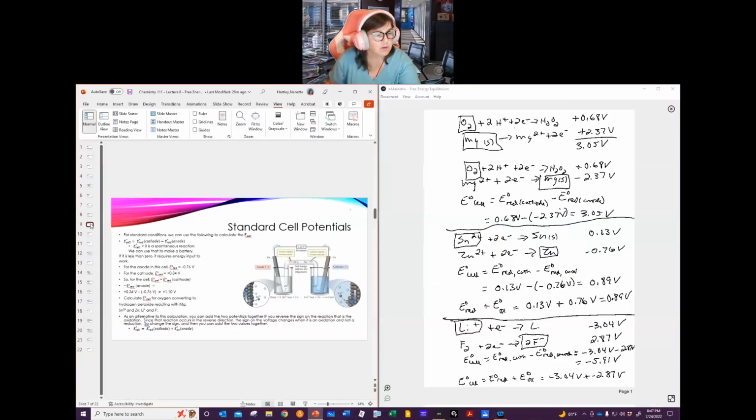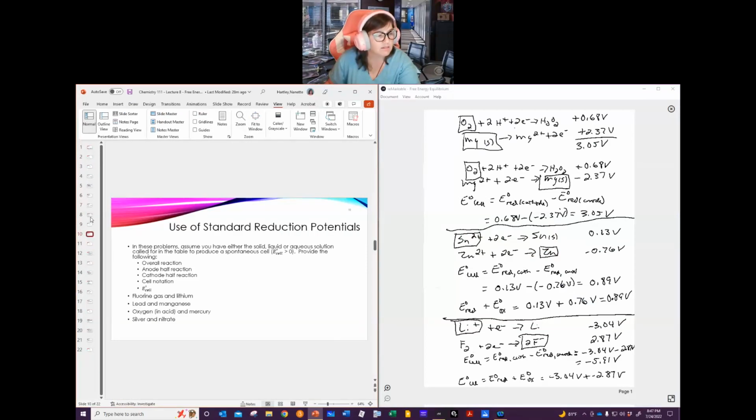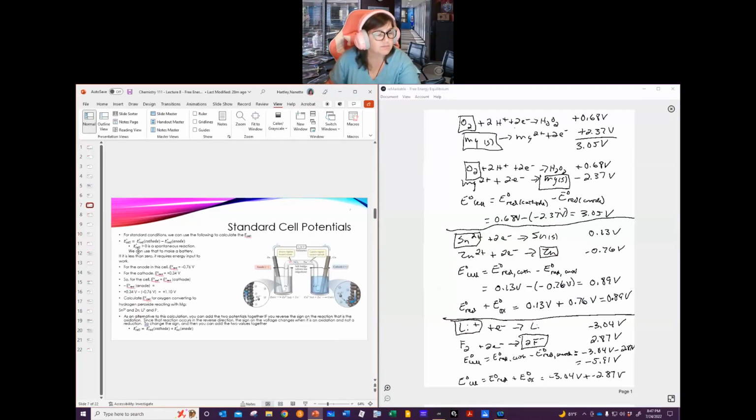Okay. And then we were back here. So that was our oxygen converting to hydrogen peroxide reacting with Mg. We then talk about Sn2 plus and Zn. So Sn2 plus 2 electrons goes to Sn. I found that in my standard reduction table as 0.13 volts.